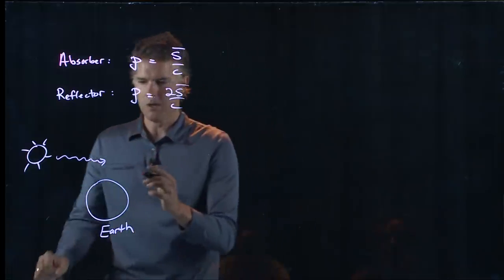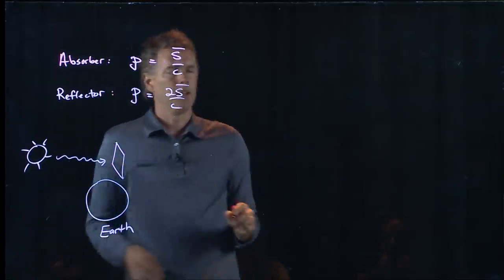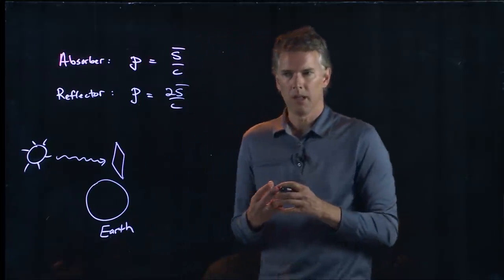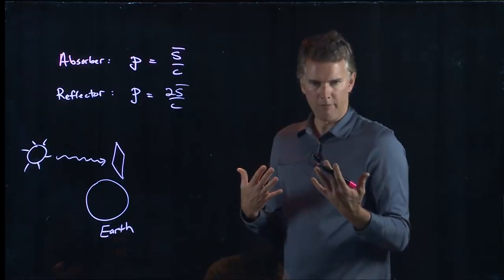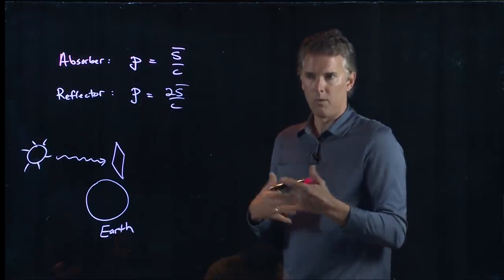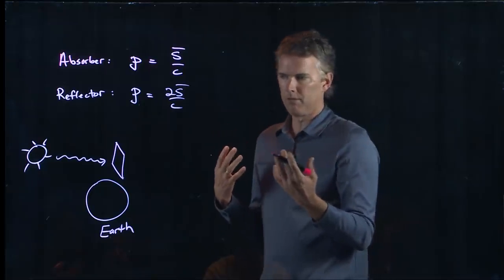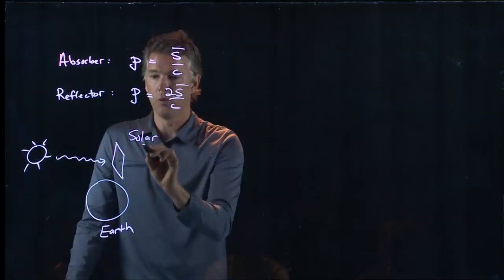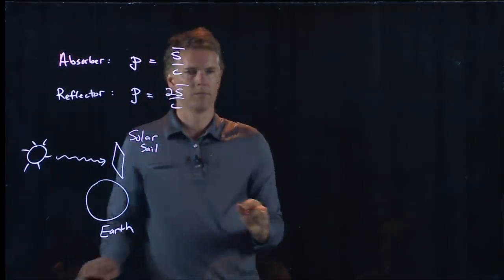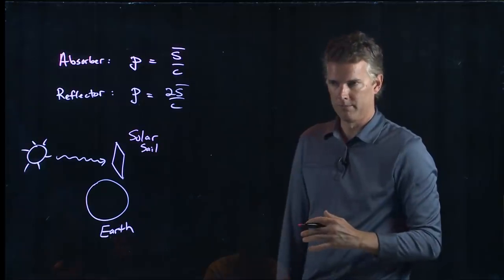Let's take a spaceship, send it up into outer space, and inside that spaceship, let's include a sheet of Teflon foil, okay, or mylar, that expands when it gets into outer space. This is something called a solar sail. Mylar is like a big reflector.